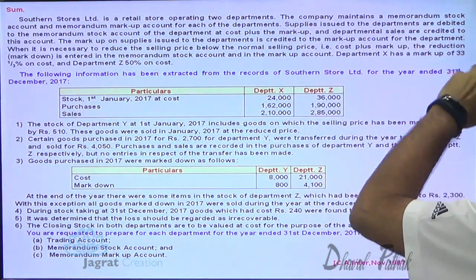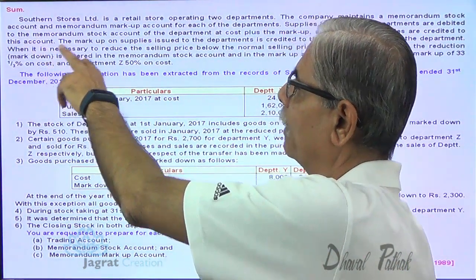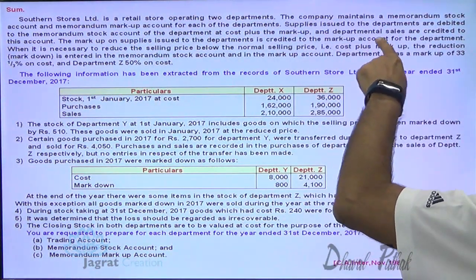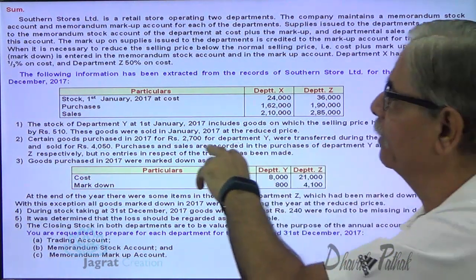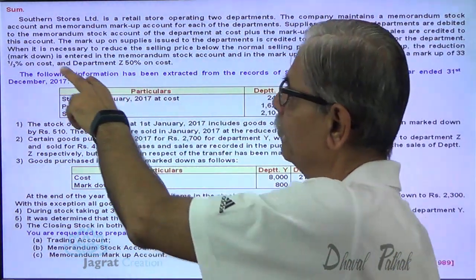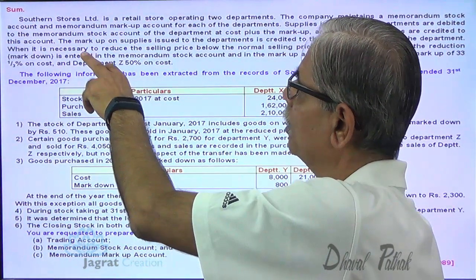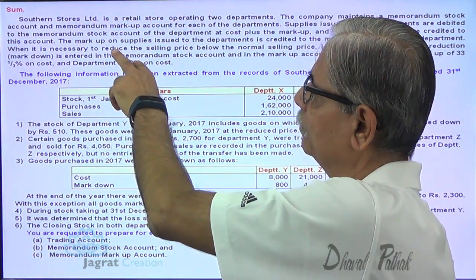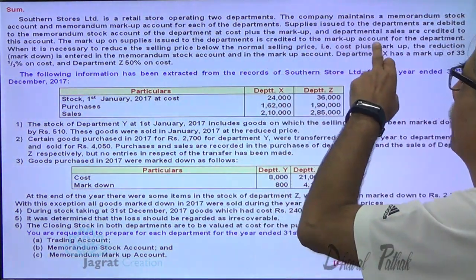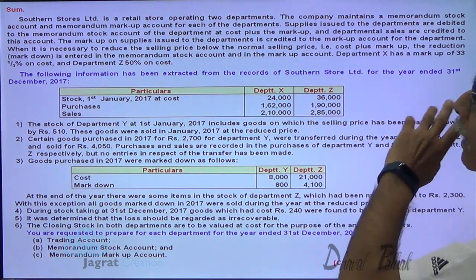Supplies issued to the department are debited to the Memorandum Stock Account of the department at cost plus markup, and the departmental sales are credited to this account. Markup on supplies issued to the department is credited to the markup account for the department.